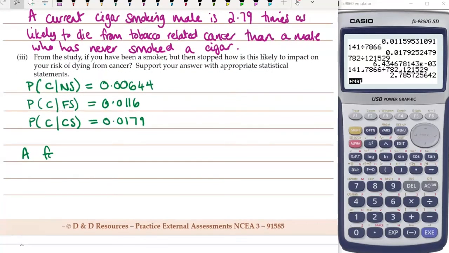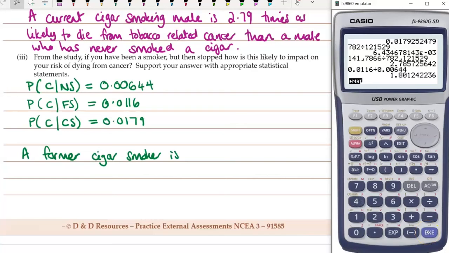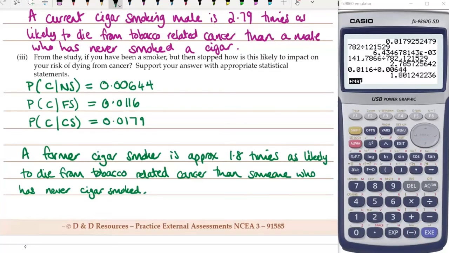So we can say a former cigar smoker, and we'll do the division. 0.0116 divided by 0.00644 is approximately 1.8 times as likely. And this is less than current smokers.